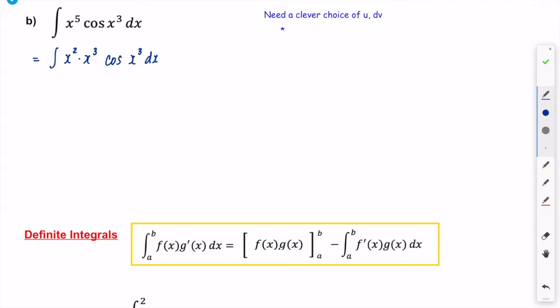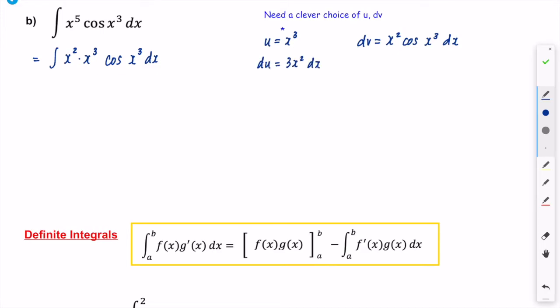I'm going to let u be x cubed, and then the rest of that original function as dv. So x squared cosine x cubed dx. Let's see what happens. Differentiating u, du is 3x squared dx.